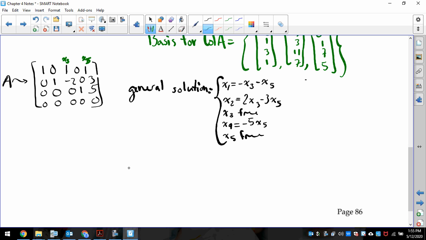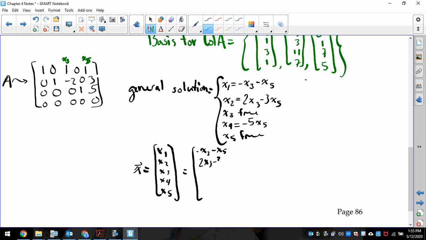Okay, so now a solution vector, x1, x2, x3, x4, and x5. This is what we did in chapter 1. We can just write this out as negative x3 minus x5, 2x3 minus 3x5, x3, negative 5x5, and then x5.